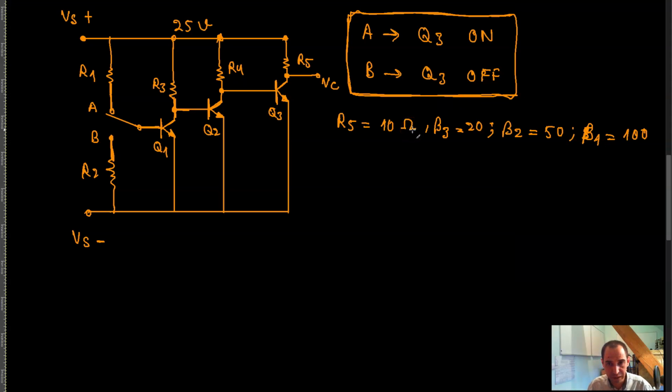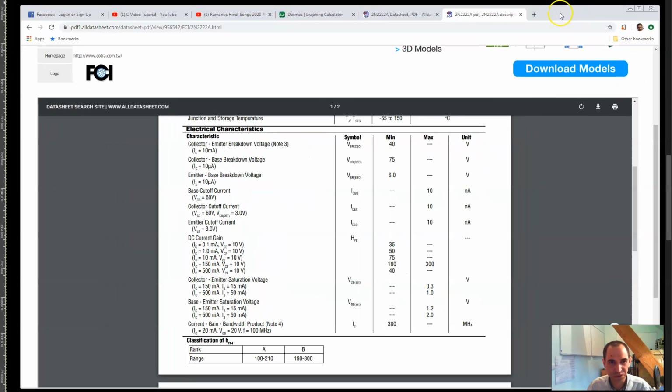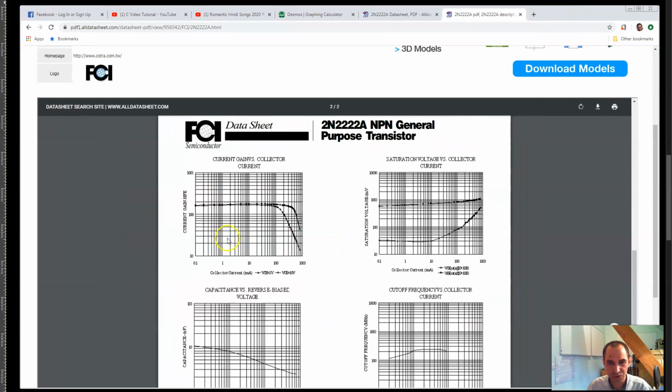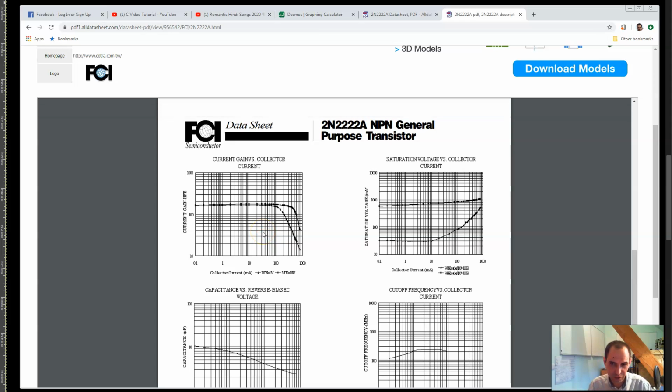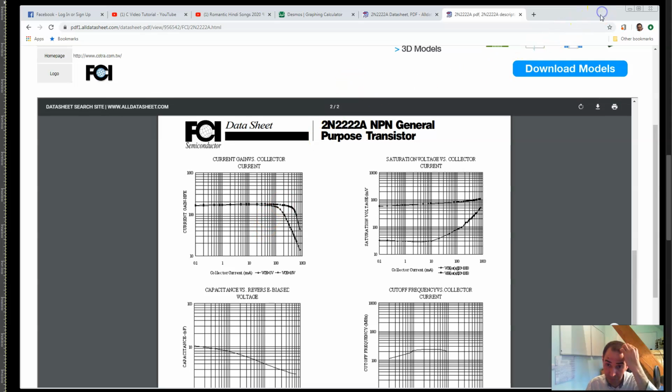Now anyway, for any of these transistors that you want to use, of course you have to understand how that transistor behaves based on these graphs. You have to take a look at these graphs and see if that's the right type of transistor for you. Usually they perform differently in different regions, so you have to pick the transistor that performs properly in the region where you need it. For different types of applications you use different types of transistors, of course.